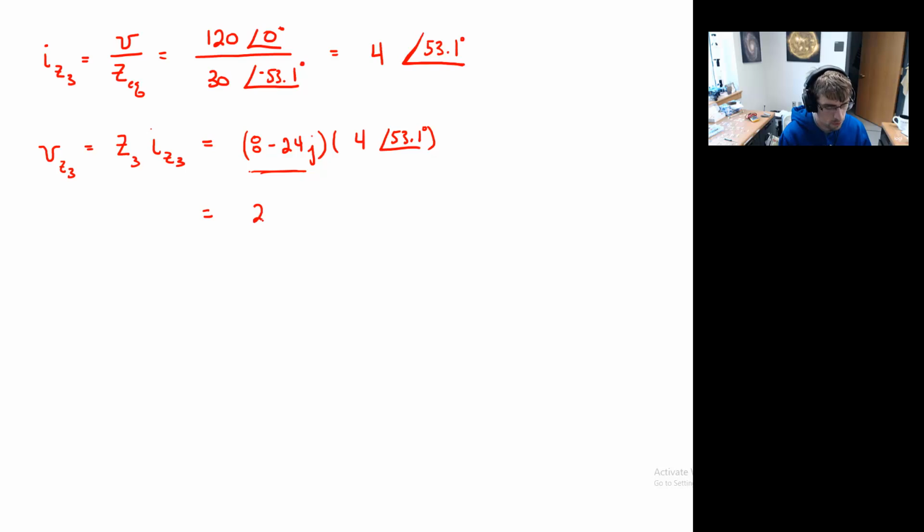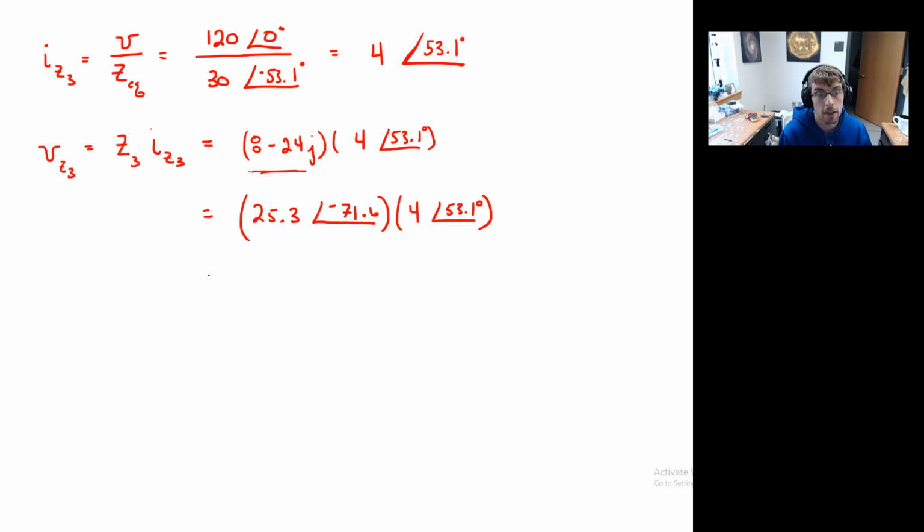What we have is 25.3. And the angle will be the inverse tangent of negative 3, so I get negative 71.6. Now we're actually in the proper form, so we can do our nice little phasor relationships.